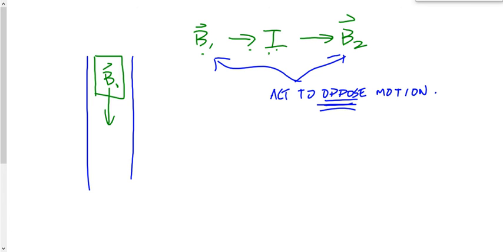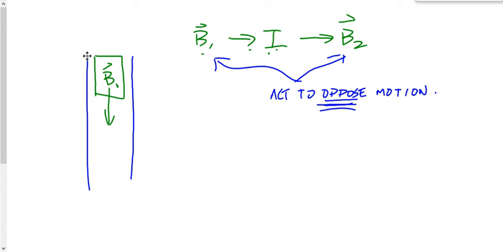Now, opposing doesn't necessarily mean repel. Attraction can also be an opposing force, and I'll give you an example of that in just a couple minutes. The bottom line is there are two magnetic fields, one that I started with, one that was produced by the current that was produced by the original magnetic field that I started with. And those two magnetic fields will act to oppose the motion.